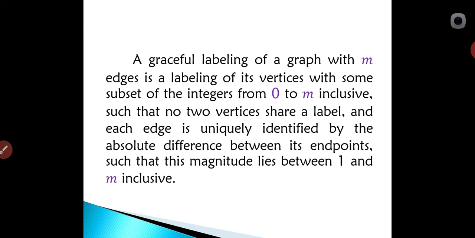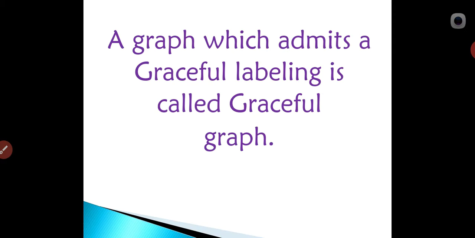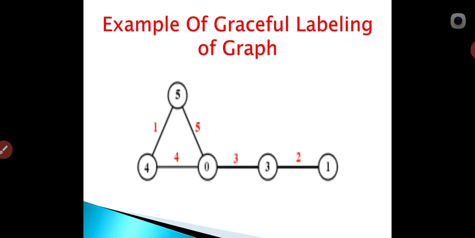All the labels are unique. So, in that case, the edges are labeled with 0 to m. A graph which admits graceful labeling is called a graceful graph.